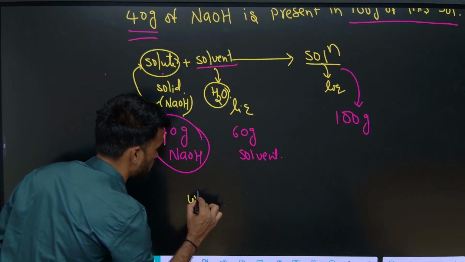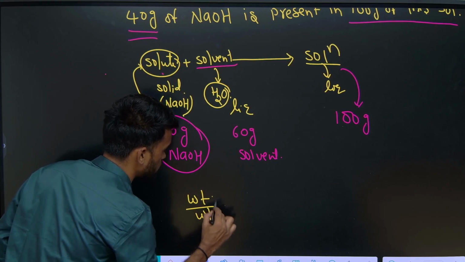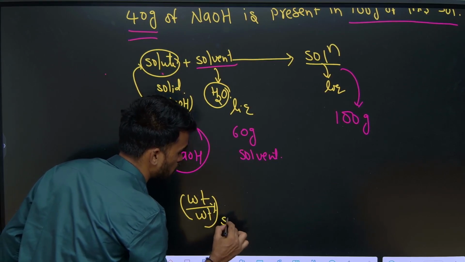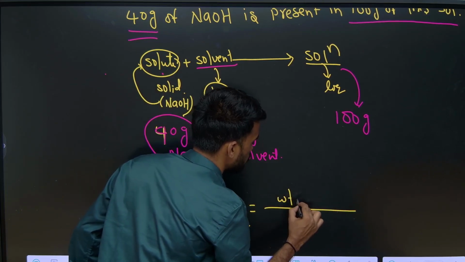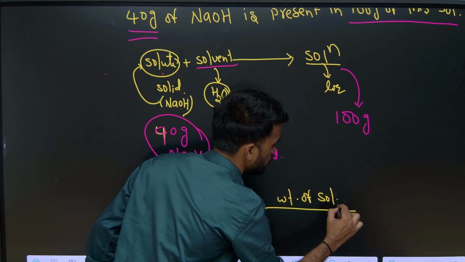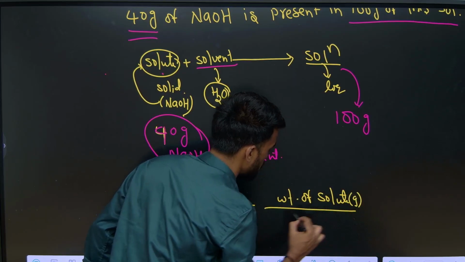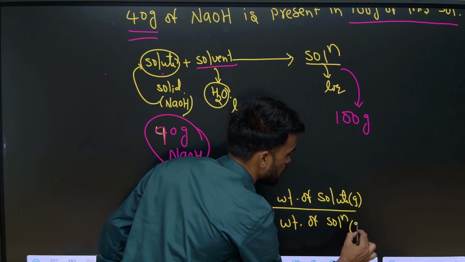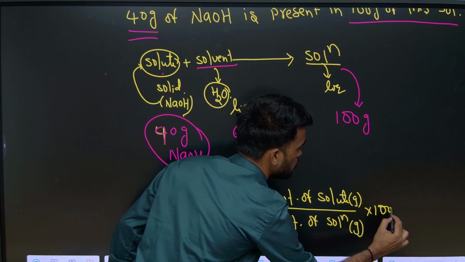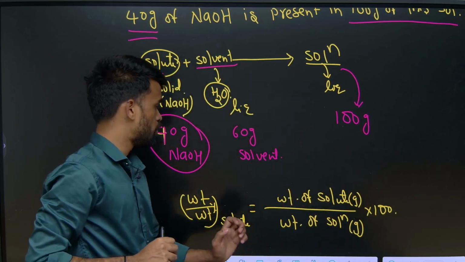We have a formula: weight by weight percentage of solute equals weight of solute in grams divided by weight of solution in grams, multiplied by 100. This is the formula you need to use here.